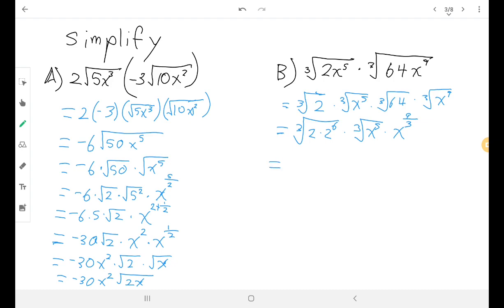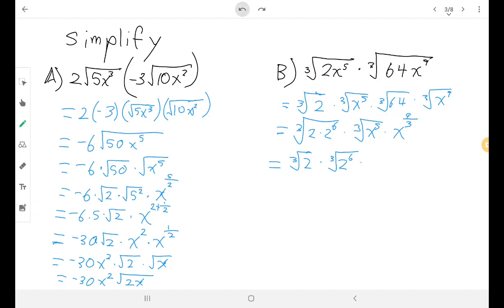Okay? So here, I'm going to do sort of the same thing. Cube root of 2 times, I keep making that radical symbol a little bit too long, times the cube root of 2 to the 6th. And I'm actually going to turn that into a fractional exponent when I get a chance.